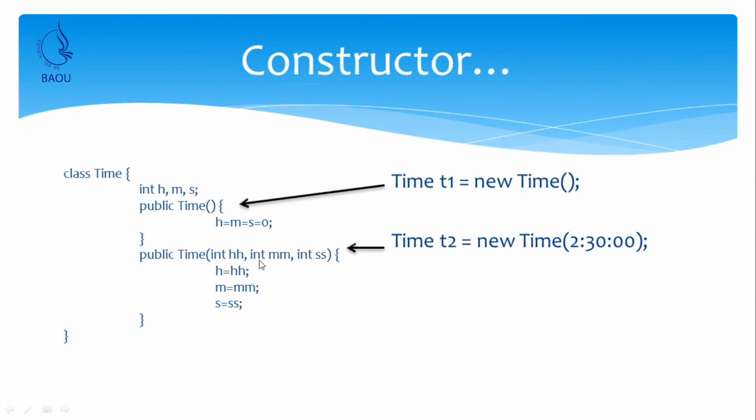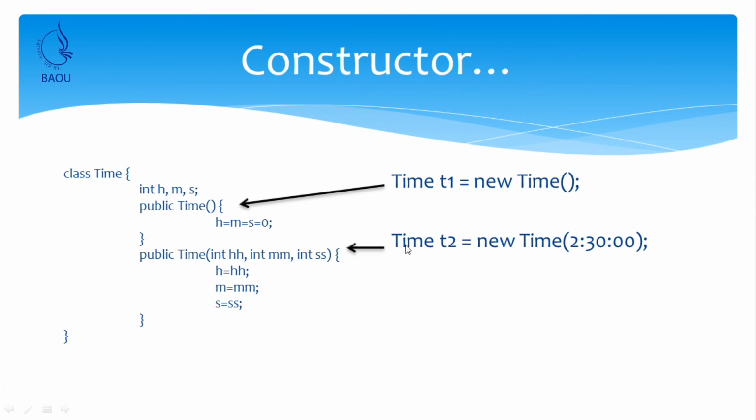Now, we write down another constructor to initialize all 3 variables to different values specified by the user. So, here Time is the class name. So, it represents a constructor, it is public and it takes 3 arguments h, mm and ss of type integer which match with our instance variable types, and it initializes h to the first argument, m to the second argument and s to the third argument.